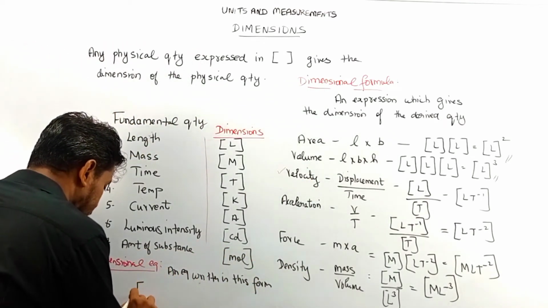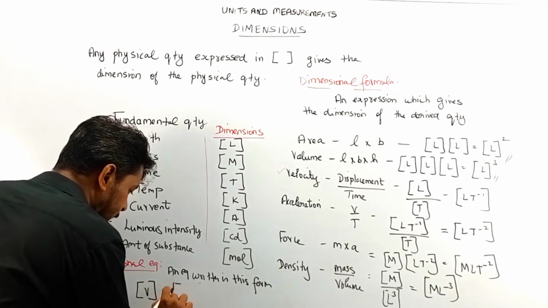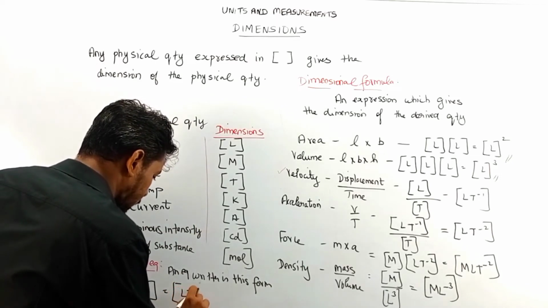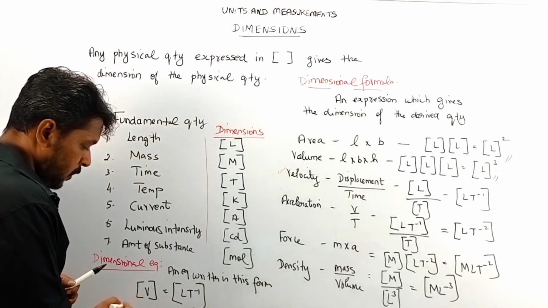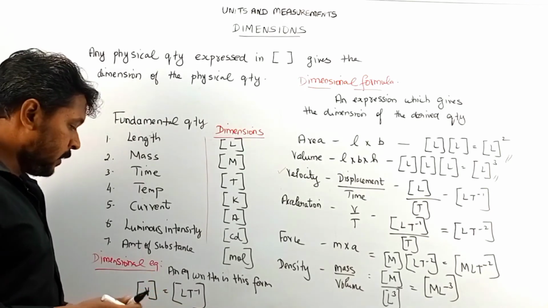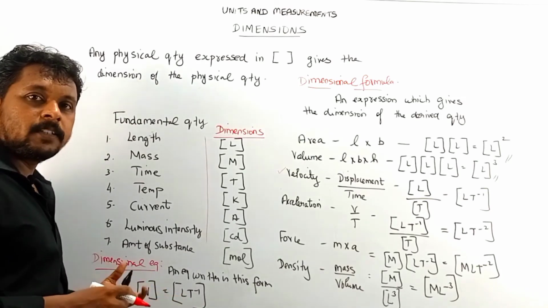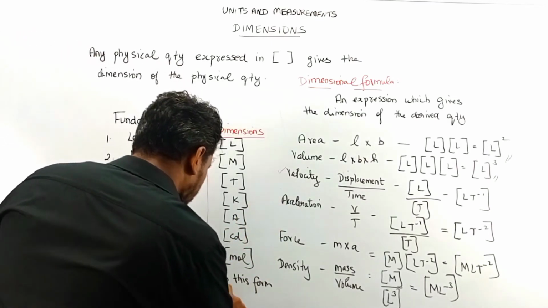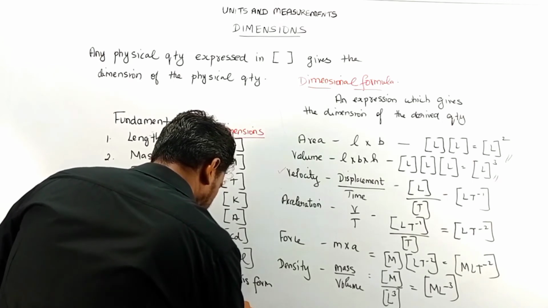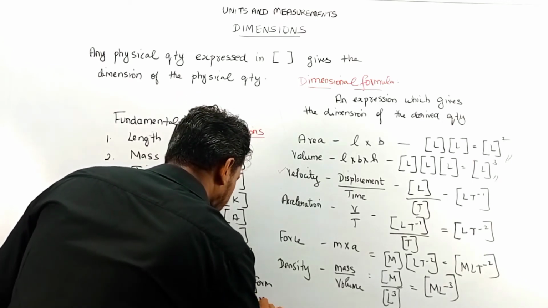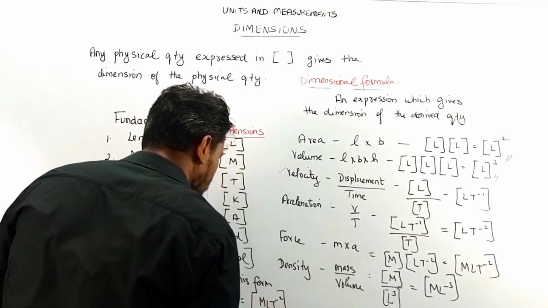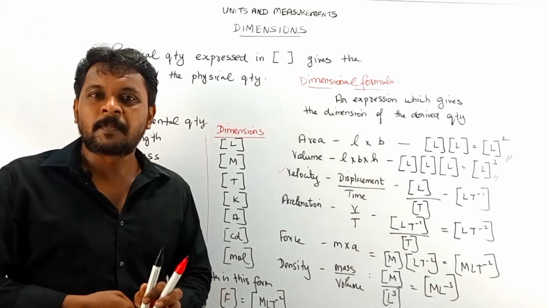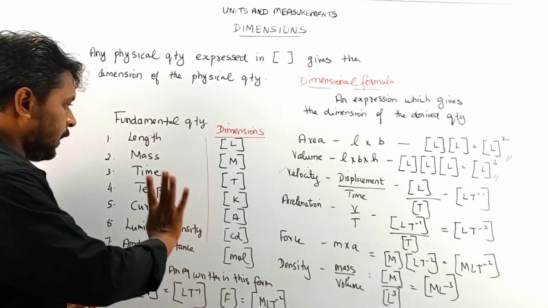In the left hand side I write the quantity, and in the right hand side I write the dimension of the derived quantity: L T power minus 1. Writing the derived quantity with its dimension in this form is called a dimensional equation. Similarly, for force F the dimension is M L T power minus 2. This is the dimensional equation of force.